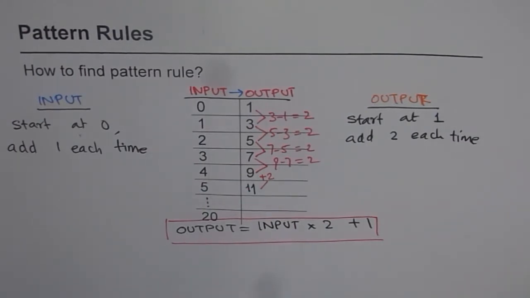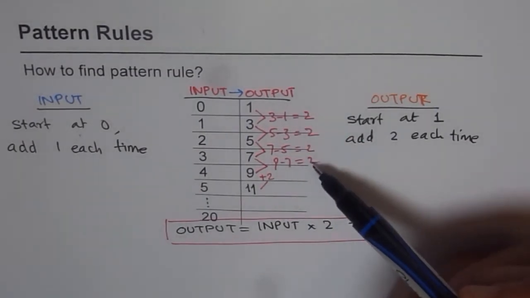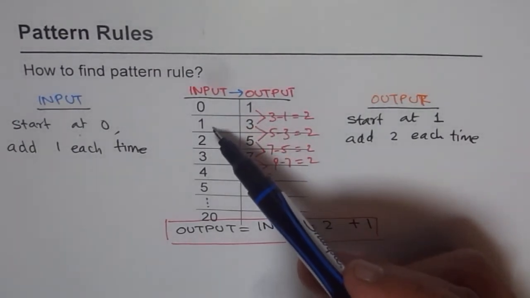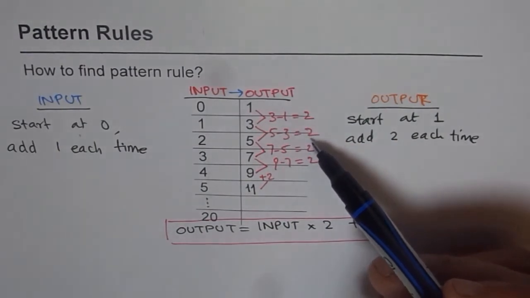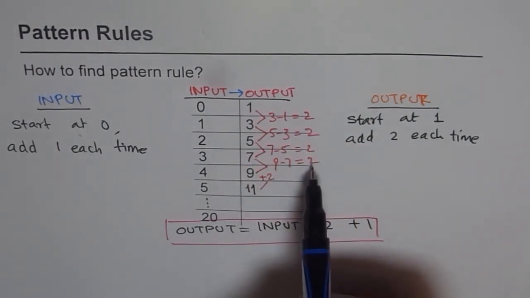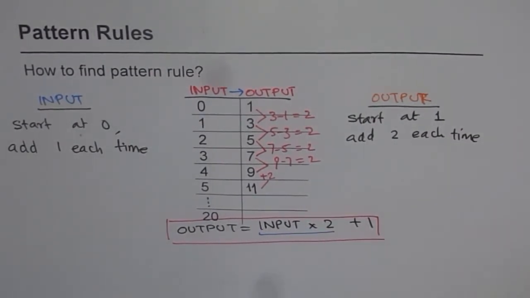How did we find this rule? Let's look at it once again. So the trick here is, look at the number by which output is increasing. For every increase in input, so input increases by 1, output increases by 2. So it is 2 times, right? Okay. So that is how we get this part, input times 2.